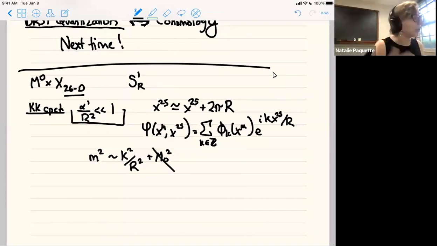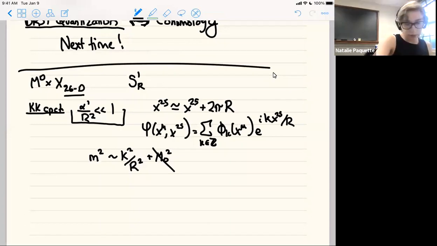And if we're studying the theory at energies much lower than 1 over R, then the resonances coming from the KK modes are very massive, and so we can just look at the massless field content. We'll also assume that the string resonances, the things coming from acting on our vacuum with the higher moded alphas and alpha tildes, are much heavier than the KK resonances.